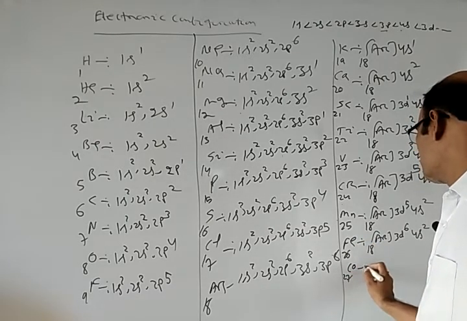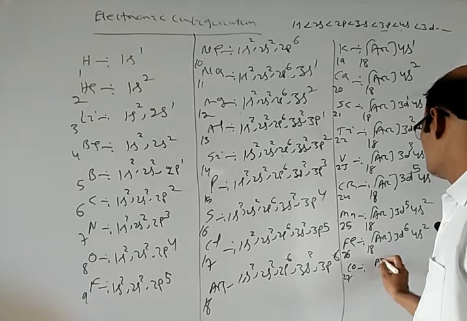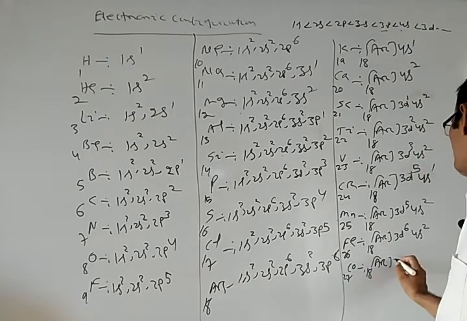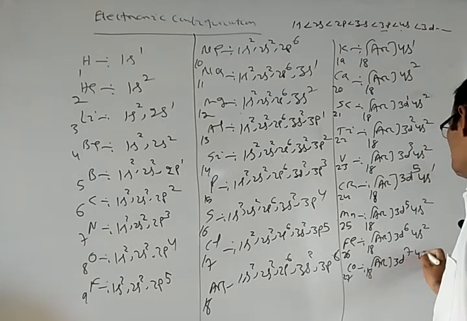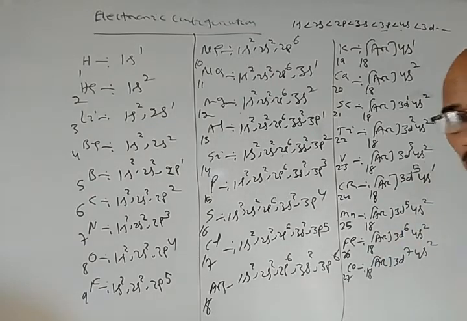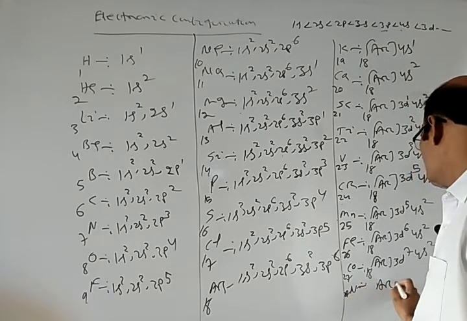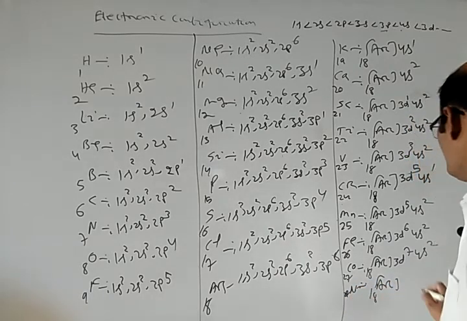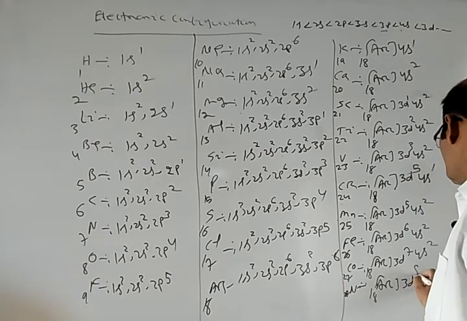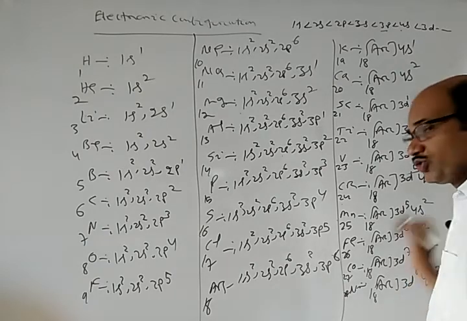Cobalt 27, argon 18, 3d7, 4s2. Then nickel 28, argon 18, 3d8, 4s2.